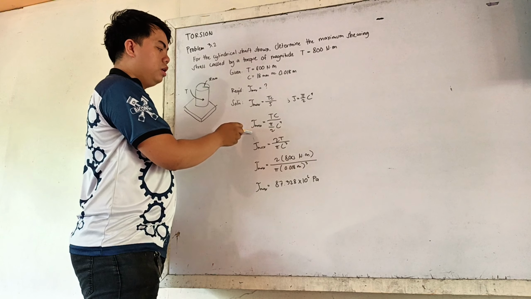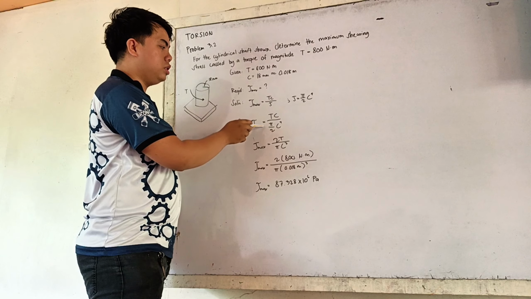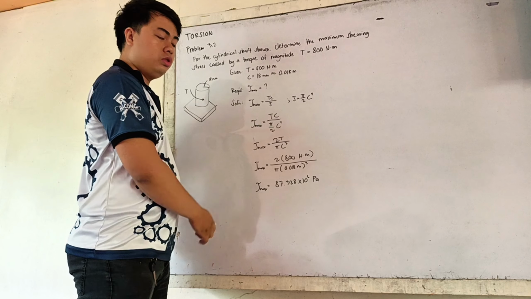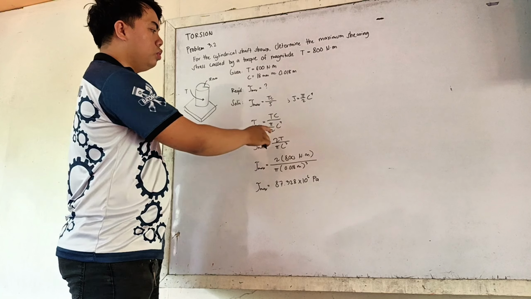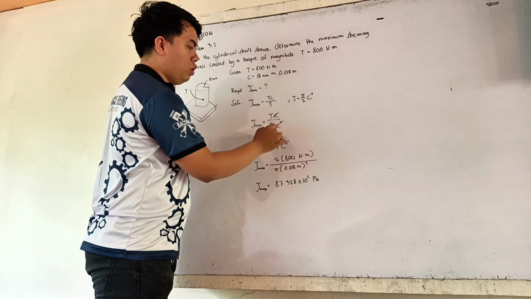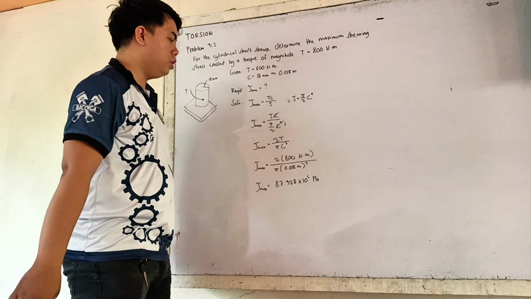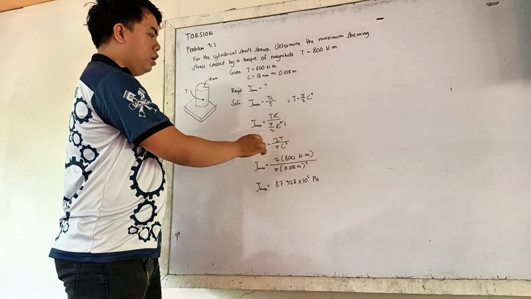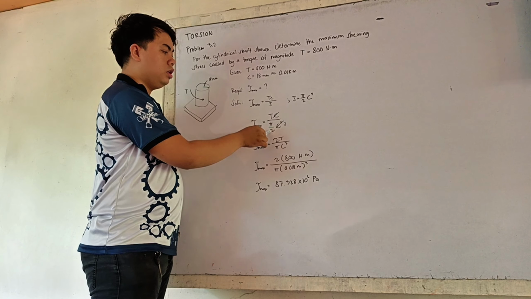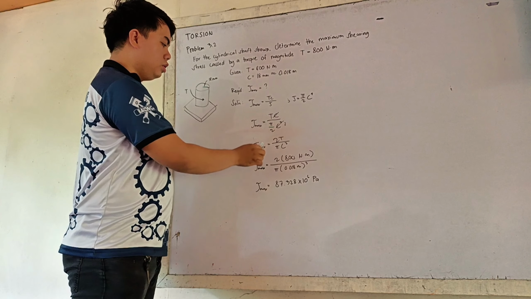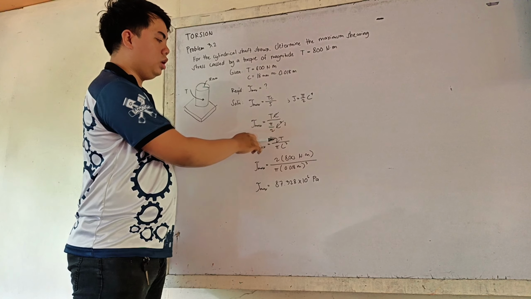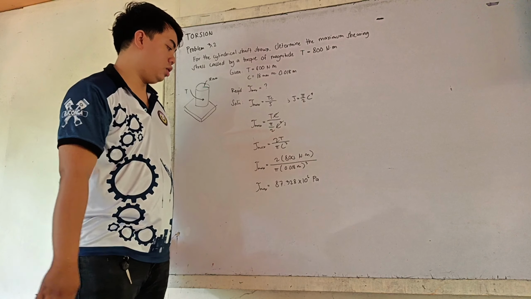So we have maximum shearing stress is equal to TC over pi over 2 times C to the power 4. So cancel this one. So we have now left C cube. Then transpose this to the top. So we have now maximum shear stress is equal to 2T over pi C cube.